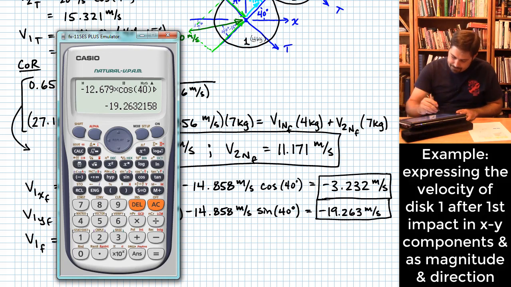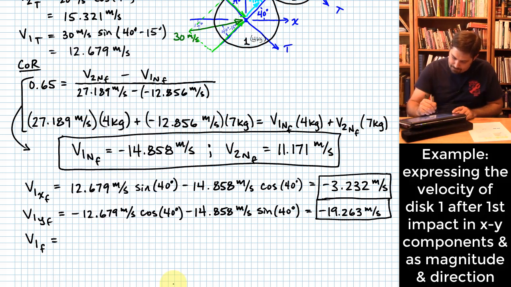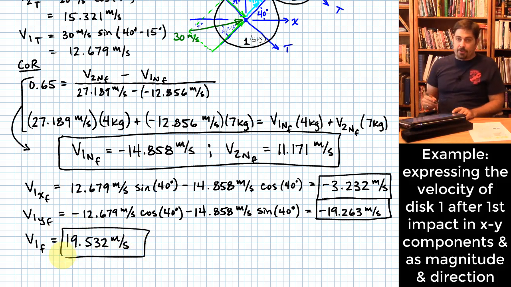So you take the square root of 3.232 squared plus 19.263 squared, and that gives us 19.532 meters per second as my final velocity that I would have for disk number 1.